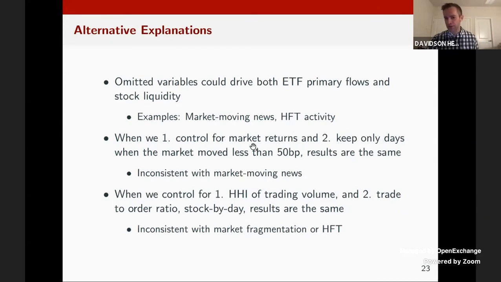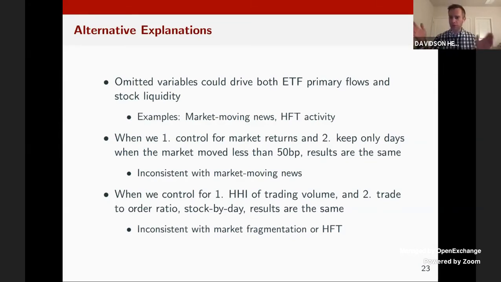And in the second case, where we keep only quiet days in the sample, so-called no news days, the results actually get significantly stronger. That differential association gets noticeably stronger on no news days, not weaker as you would expect if that alternative story were explaining our results.